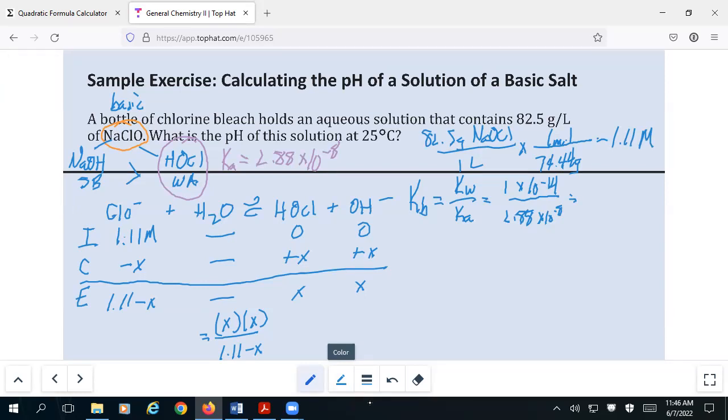So if I put that into the calculator, 3 sig figs, I get 3.47 times 10 to the negative 7th as my Kb value. So that is what I need to put in as the thing I'm trying to find in this equilibrium expression.